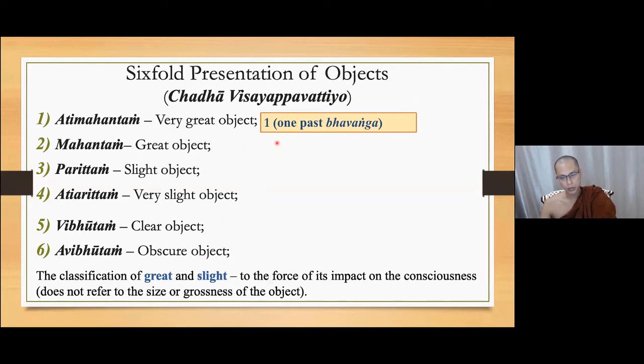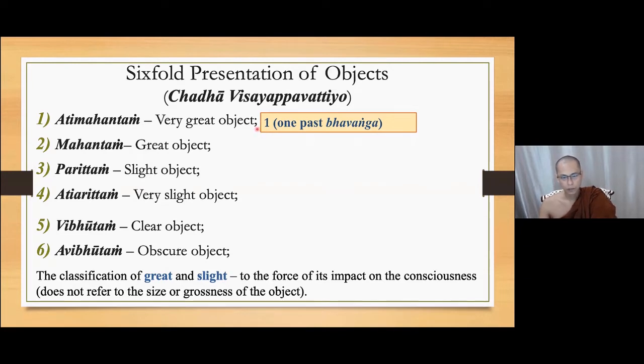When we introduce the process, we see the past Bhavanga. If in that process the past Bhavanga consists of only one time, it is called very great. The Bhavanga moment is not the cognition that really cognizes the objects. It cannot cognize, that's why it passes.